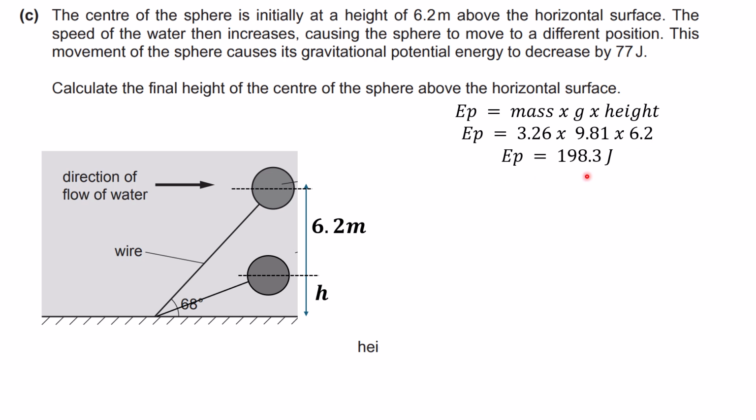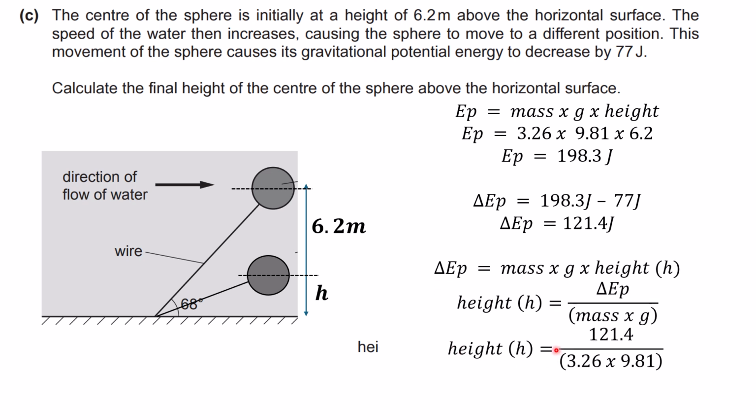So that's the potential energy at this position. So the change in potential energy, because of the change of position of the sphere, because the water flow is going faster now, is 198.3 minus 77. So at this position, h, the sphere has a potential energy of 121.4.